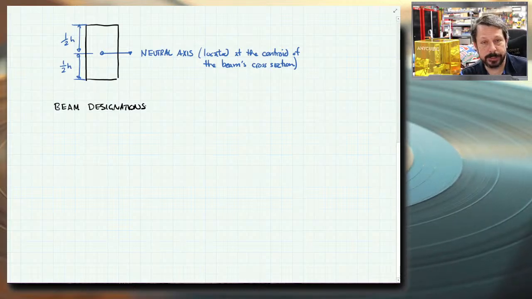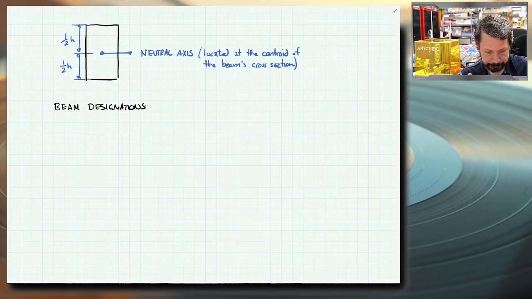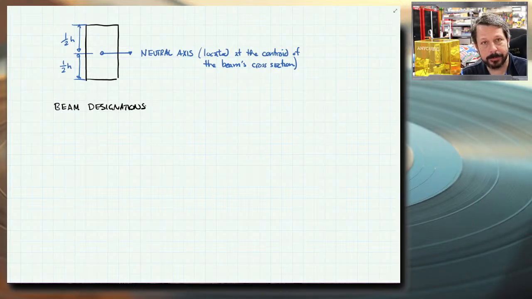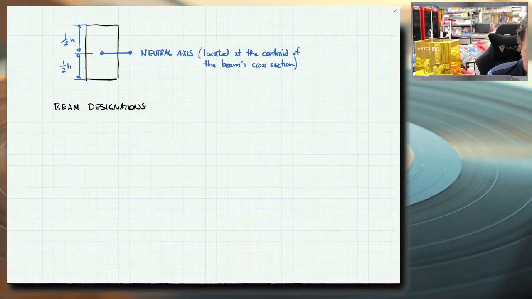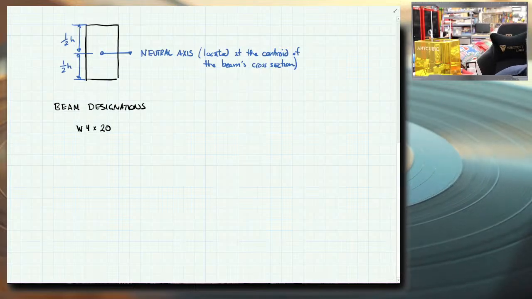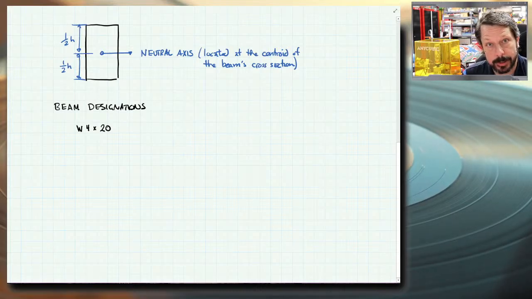They give you the location of the neutral axis, the cross-sectional area of the beam, different dimensions of the beam, things like that. They do that by naming the beams with an agreed upon convention. A beam name might look like W4 by 20. I don't know if this is an actual beam or not, but it follows the right rules.